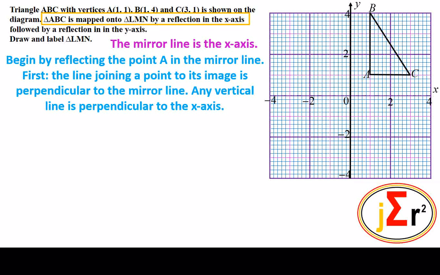First, the line joining a point to its image is perpendicular to the mirror line. But it's not difficult to draw a line that is perpendicular to the mirror line, because on the grid we have vertical and horizontal lines. Any line that is vertical is perpendicular to any line that is horizontal.